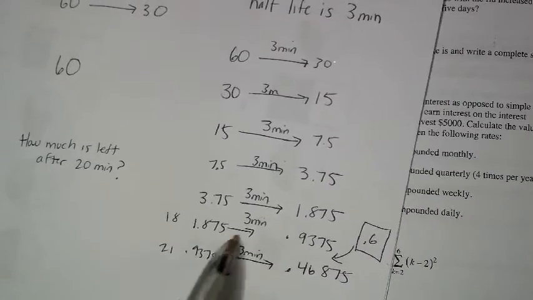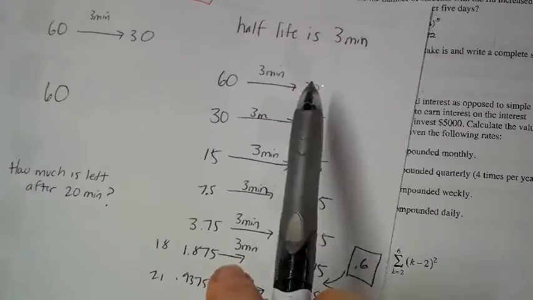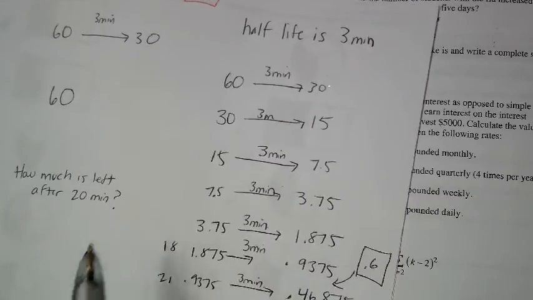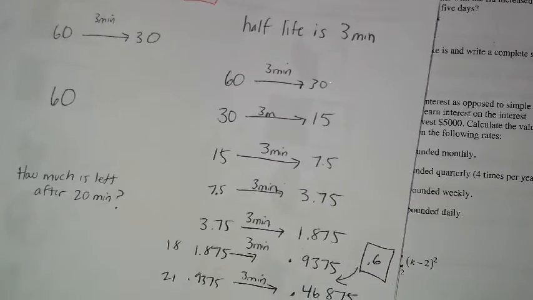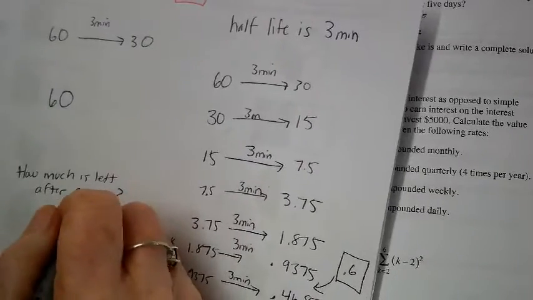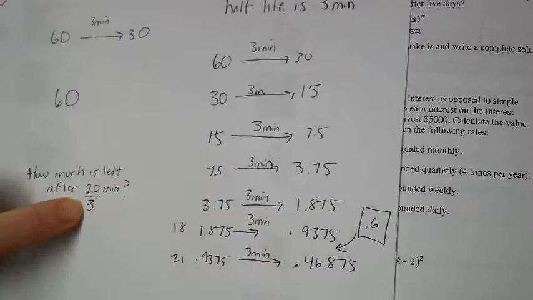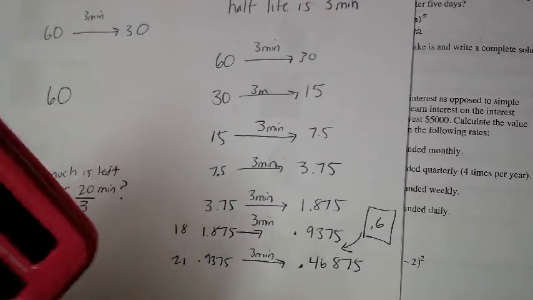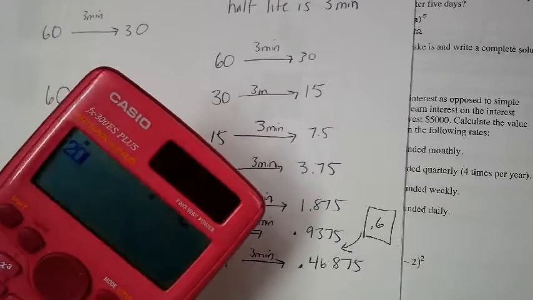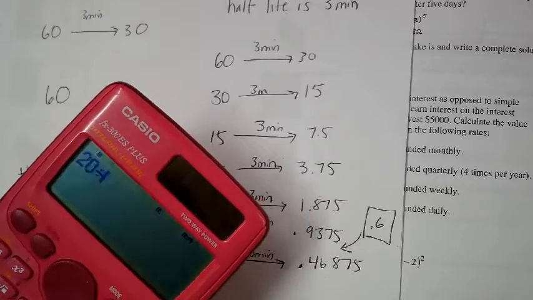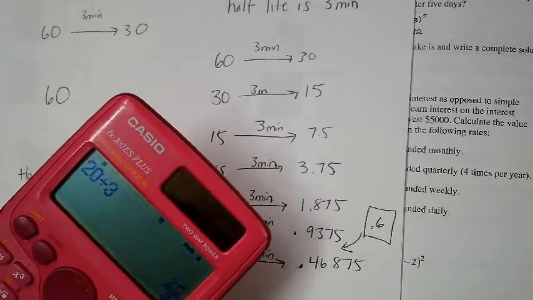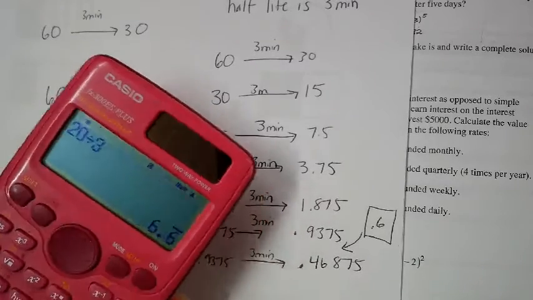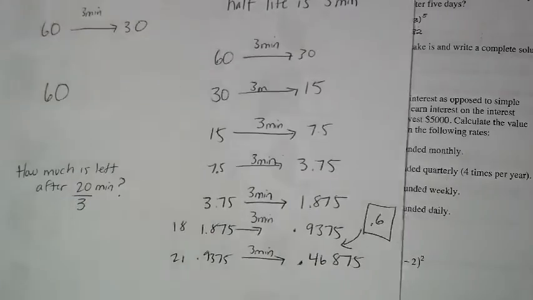I knew it was somewhere in between, but couldn't I have just gone 20 minutes divided by 3? Every 3 minutes is a half-life. So if I wanted to get really close, I can go 20 minutes divided by 3, and then I would know that there's like 6.66666 half-lives.